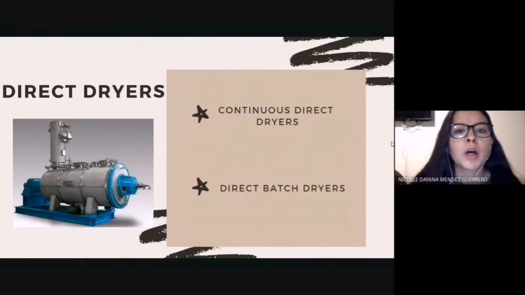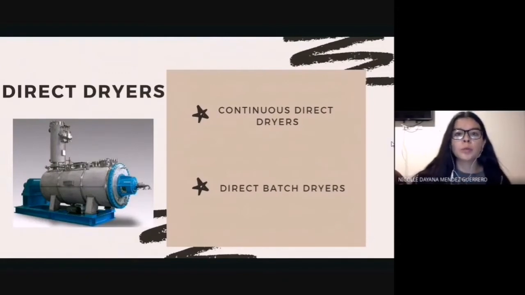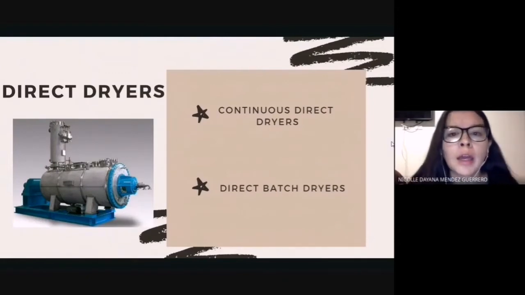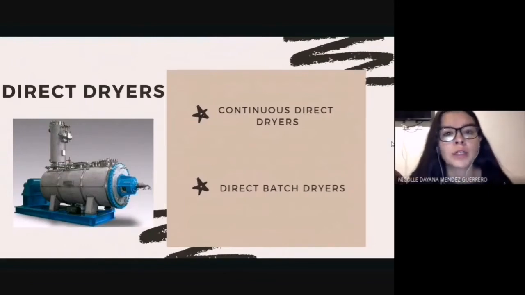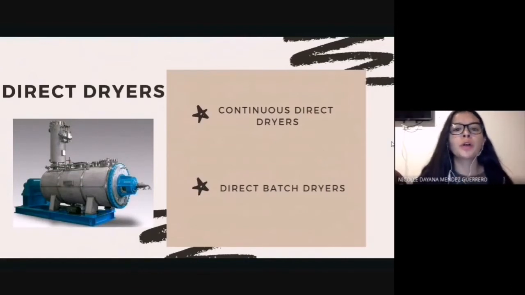These types of dryer can be continuous, where the operation is without interruptions as long as the wet feed is supplied, or batch, where we decide to operate with a specific wet feed size for given cycles of time. The operation cost of continuous direct dryers is lower, and direct batch dryers are used for low production capacities and for the treatment of products that require special handling.